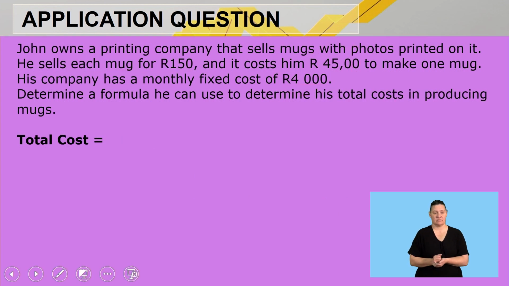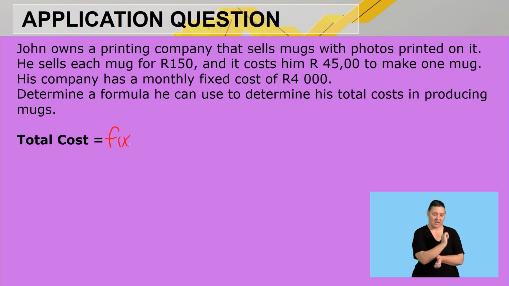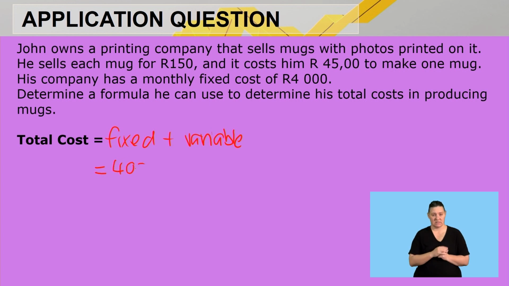Now, the next question is determine a formula that he can use to determine his total cost in producing the mugs. So the total cost is, guys and girls, always the fixed cost plus the variable cost. And my fixed cost is 4,000 Rand.